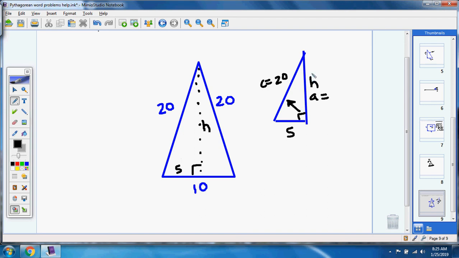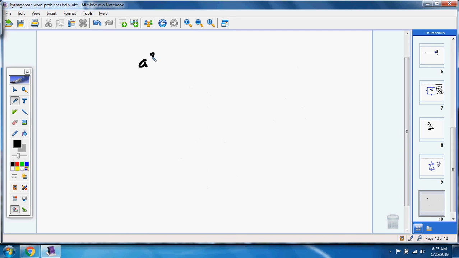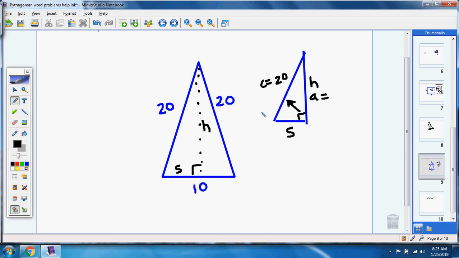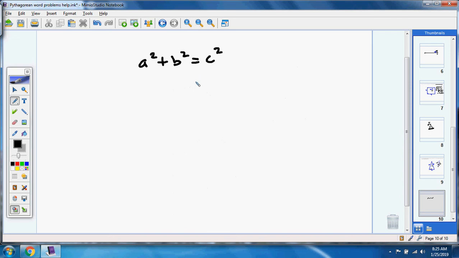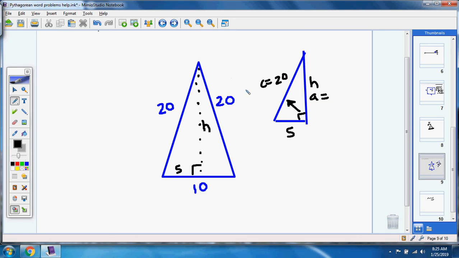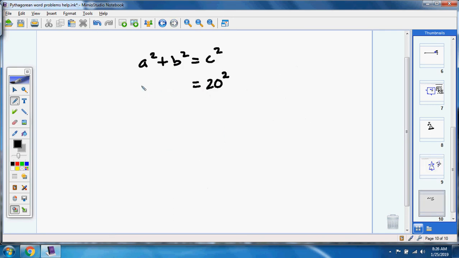So let's go ahead and write a squared plus b squared equals c squared. As we saw in the picture, my c is 20. I said I am trying to solve for a, so my b is 5.